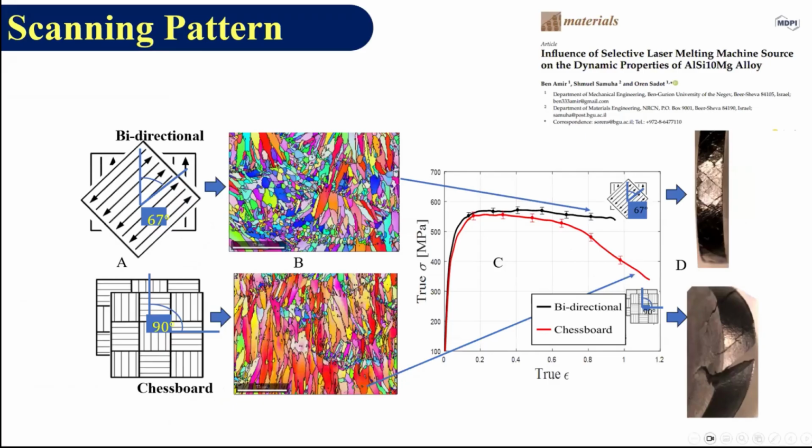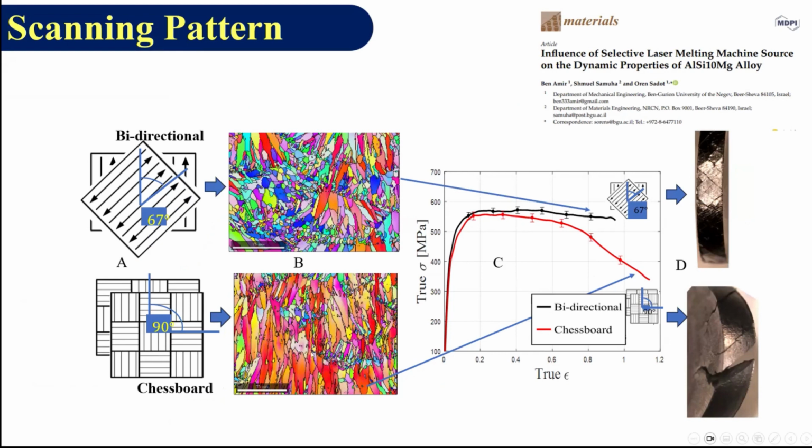So at first, we took two different scanning patterns. One is bidirectional, in which the laser goes back and forth along the long vectors. And the second one is chessboard, in which every island is scanned separately. And we can see that it affects the crystallographic orientation greatly.